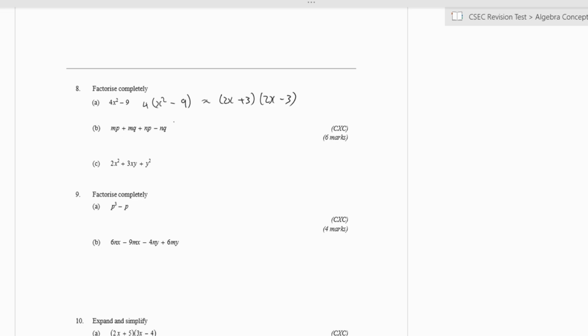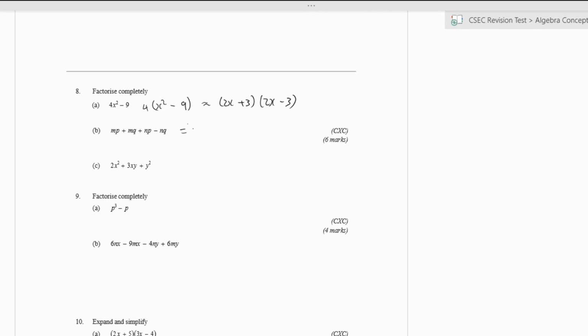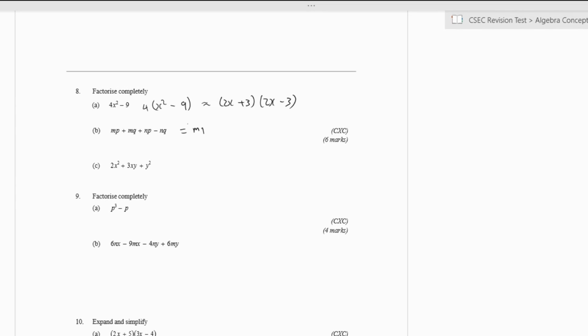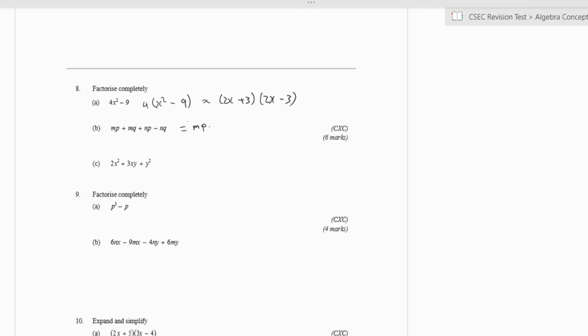These now, we would have to group, so we have m, p.